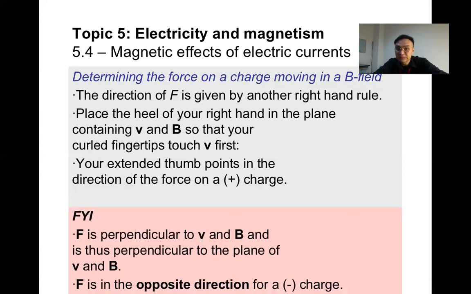So in this part, you will use this, not this, but this. I hope that here you can understand more about the right-hand rule. The direction of F is given by another right-hand rule.